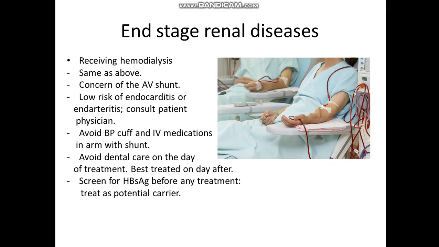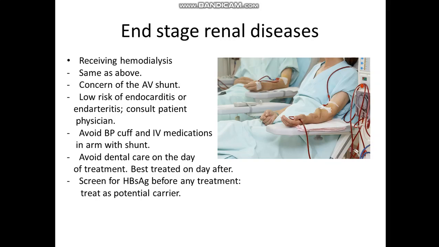As we mentioned before, benzodiazepines or even Valium can be given safely to patients on conservative treatment and also to patients with renal failure. Here we have to avoid the arm with the arteriovenous shunt. We have to avoid it and use the other arm, even for measurement of the blood pressure.